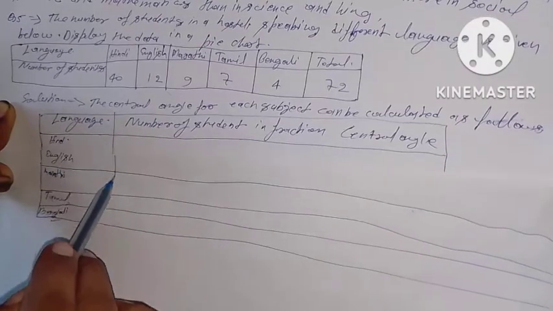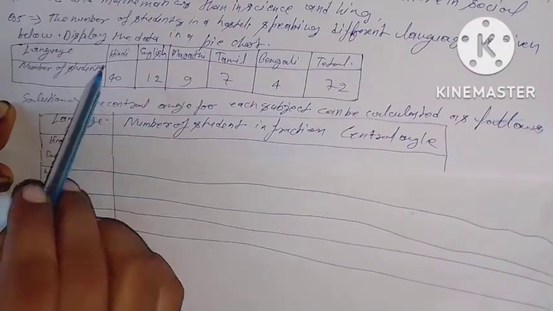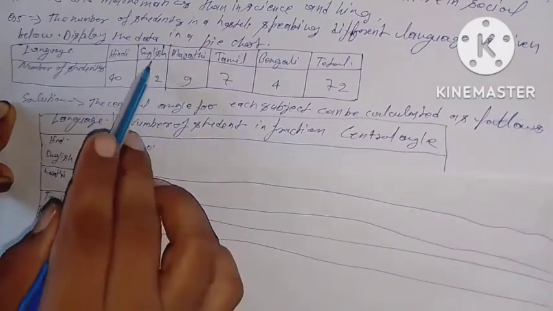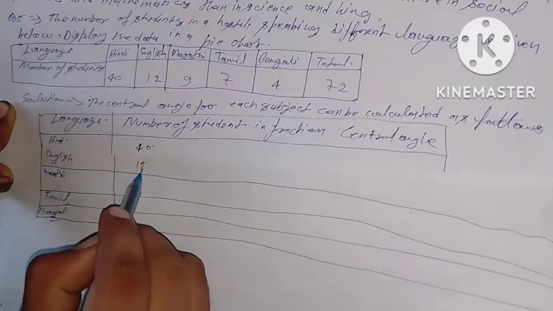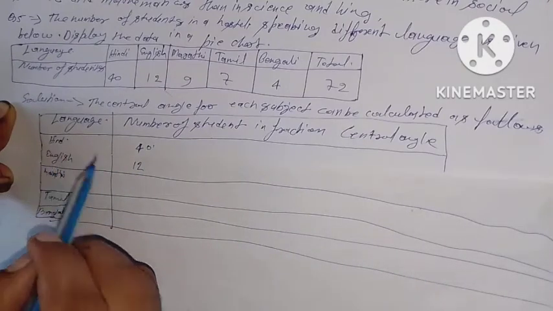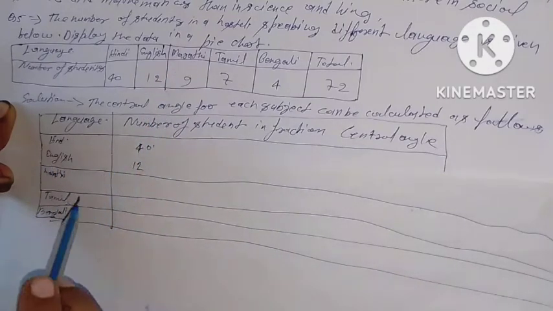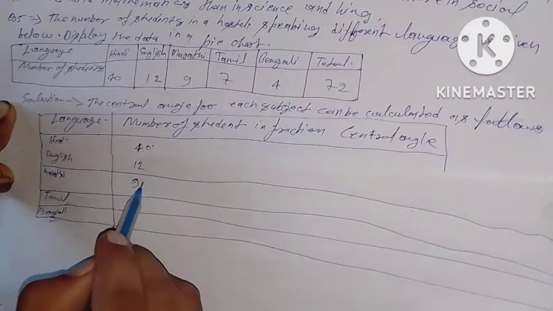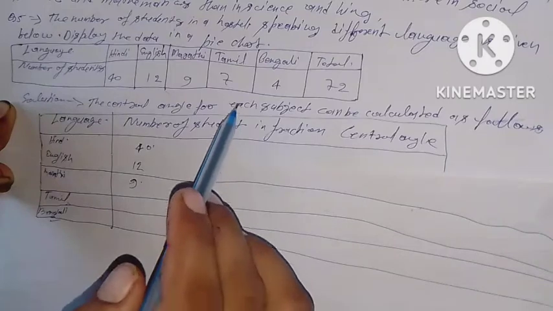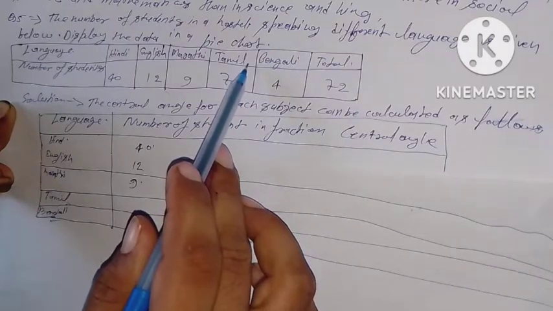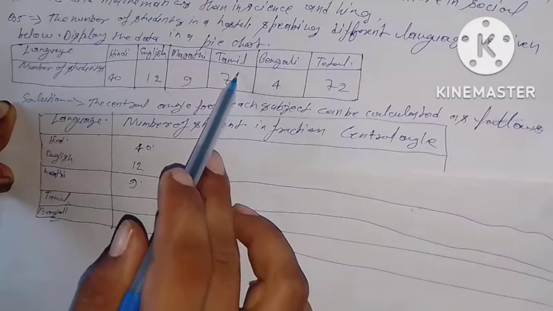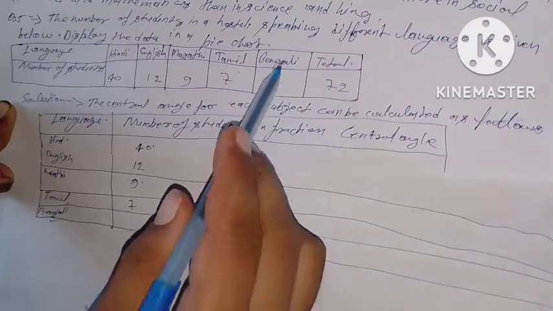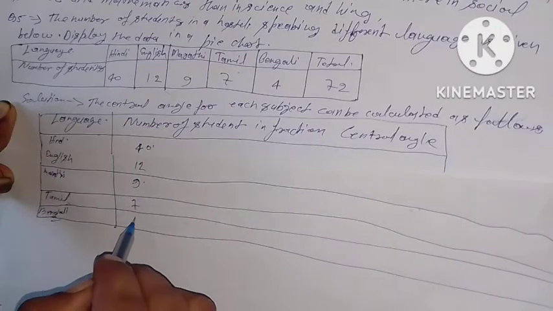Okay. Number of students. Hindi 40 students, English 12 students, Marathi 9 students, Tamil 7 students, and Bengali 4 students.